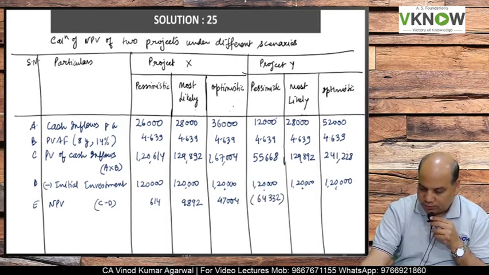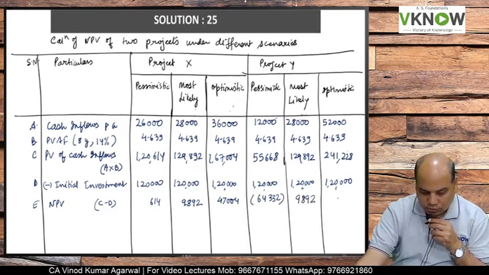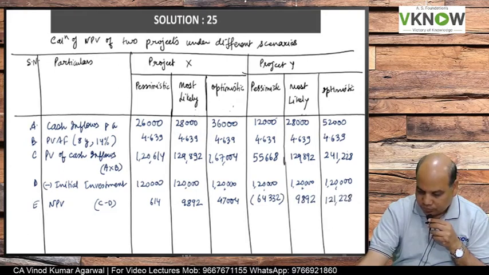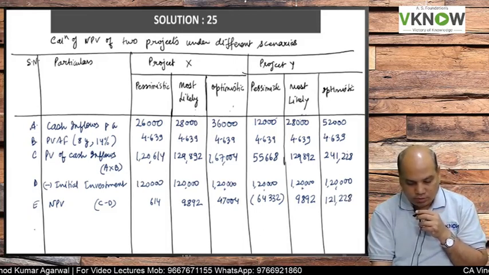This is negative 332. Then next one is same 9892. Last one is a very big number, 121,228. Okay, you are too late. I have already done.